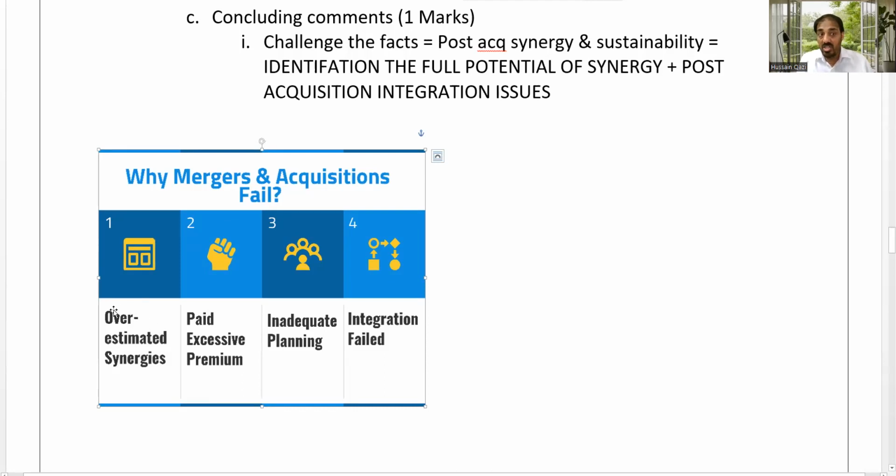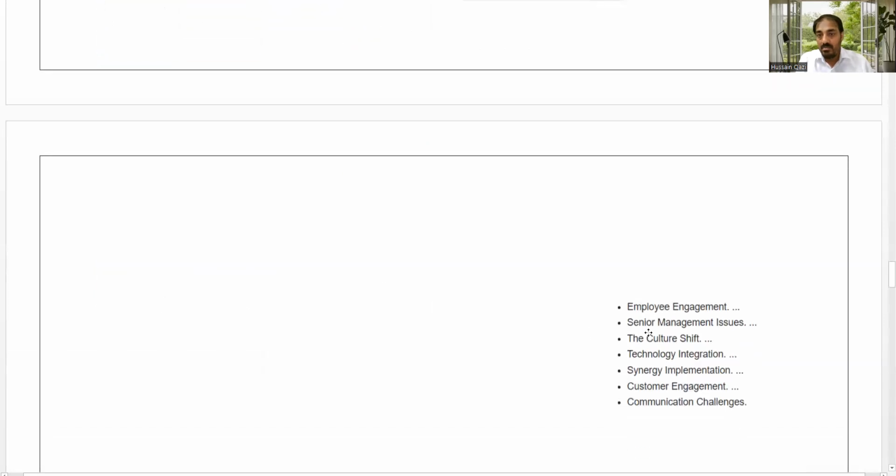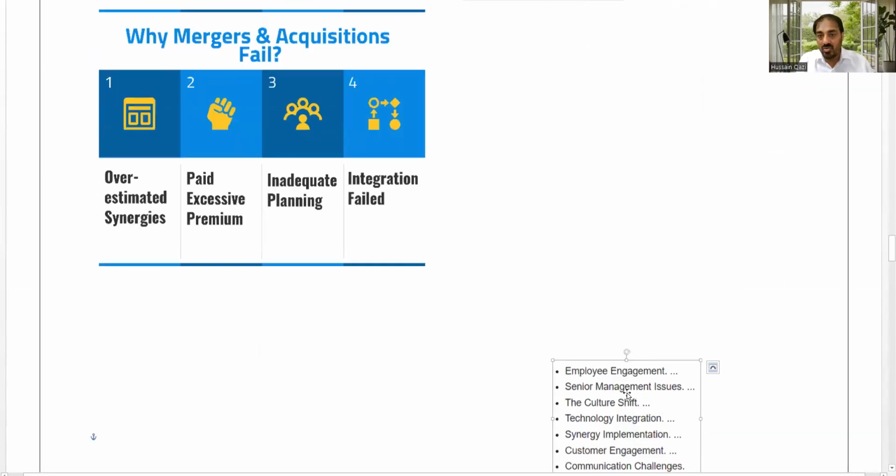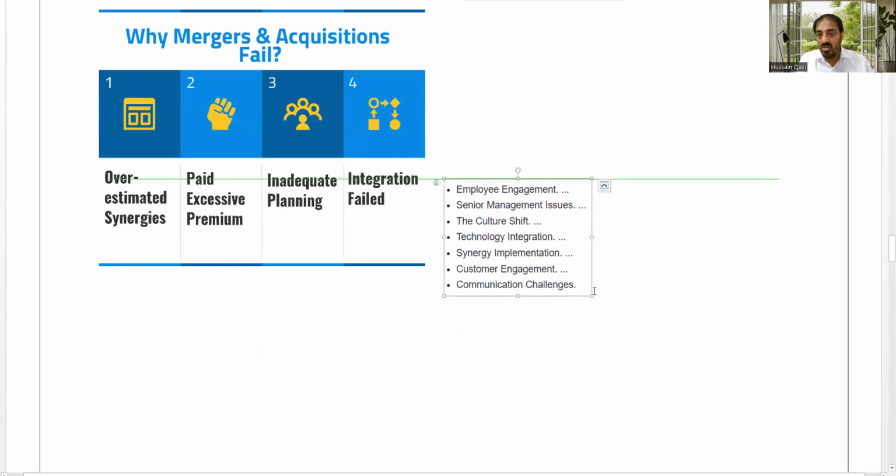Number one, overestimation of synergy. Number two, you have paid an excessive premium. Number three, inadequate planning. And the very important one, post acquisition integration issues.